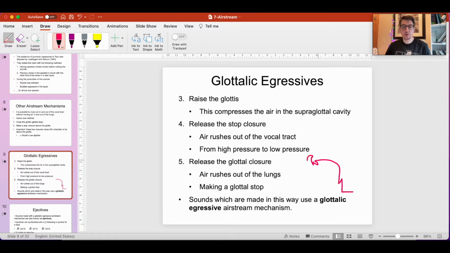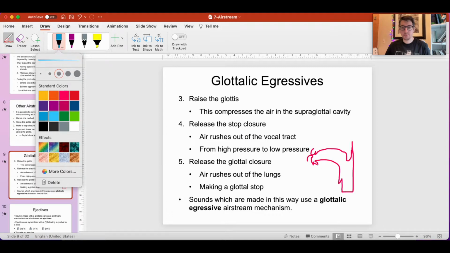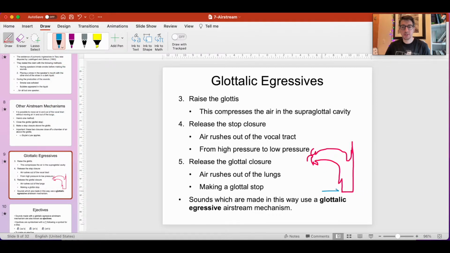Let's say that you want to close your lips like this and make a bilabial stop, right? This is your velum, and here the velum is raised, so there is no escape of air there. So if you're closing this part here and closing this part here, you're basically making a closed chamber, right? So the air is right there, and it's like a closed jar.